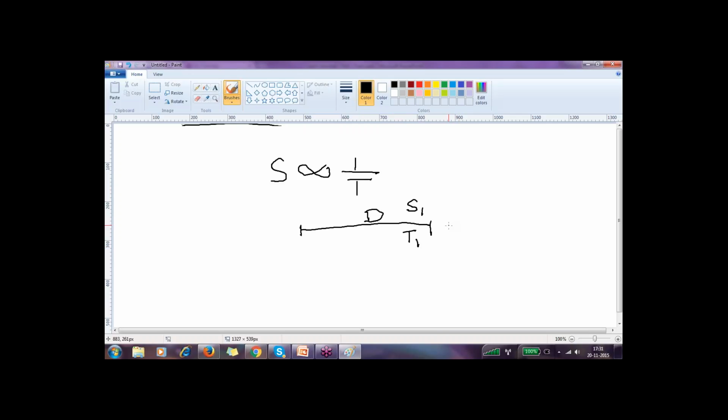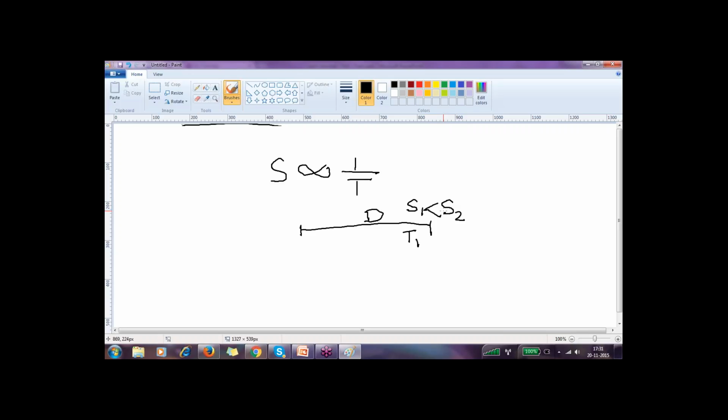Now, in the second stage, suppose you go with S2 speed and S2 is greater than S1. If S2 is greater than S1, what will you do to T? Will you increase T1 or decrease T1?